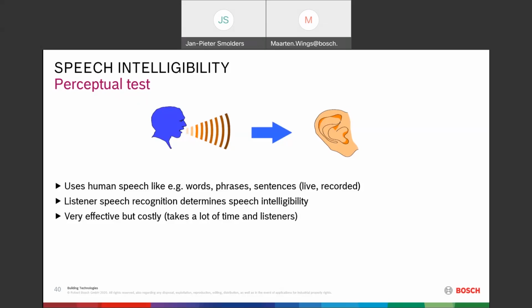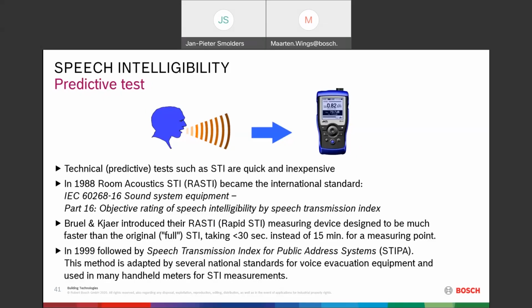But you can imagine this is quite costly and time consuming. You need a lot of people to test this. So it's not really a good way, or let's say an efficient way to check the intelligibility. So they have invented these predictive tests with measurement equipment.